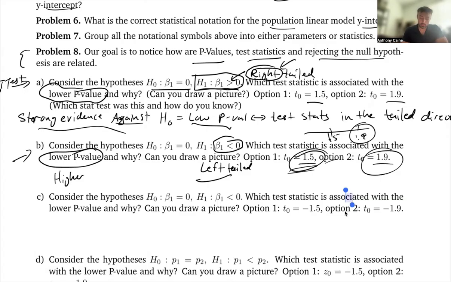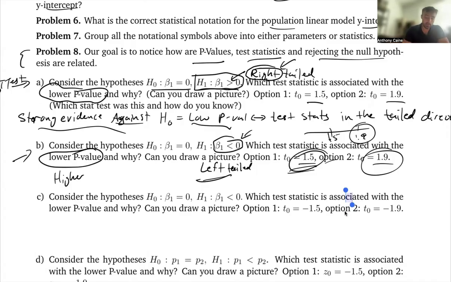So look at the way the alternate hypothesis is telling us this hypothesis test works. Is it left-tailed or right-tailed? Moving left lowers the p-value. Moving right increases the p-value. Moving in the direction of the tail decreases the p-value. Moving against that direction increases it.